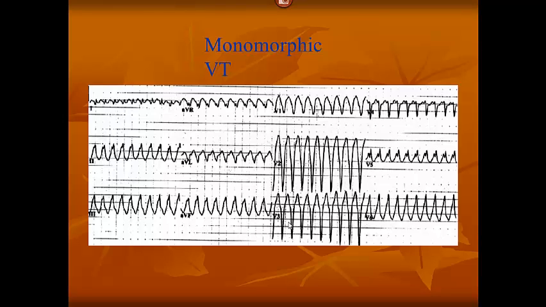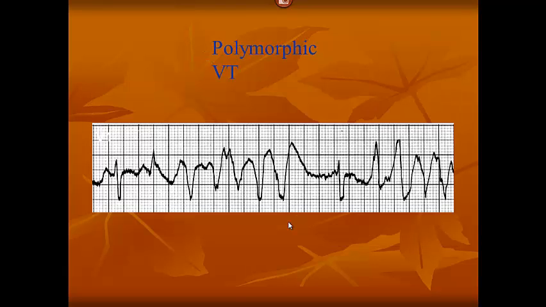Patients could be hemodynamically unstable, causing severe hypotension, and it could be life-threatening, leading to ventricular fibrillation, asystole, or even sudden cardiac death. The same applies to polymorphic ventricular tachycardia, and we'll refer to the ACLS guidelines for treatment when we come back.